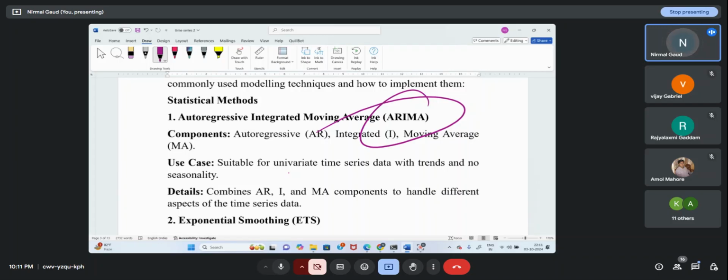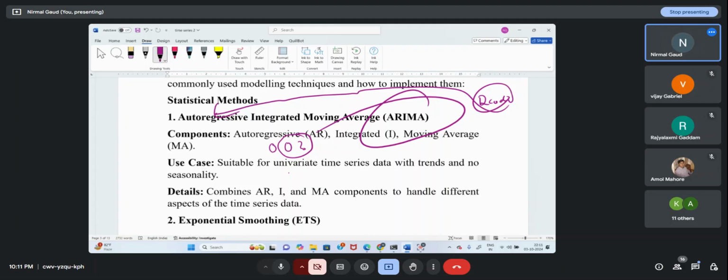Auto-regressive integrated moving average. Auto-regressive, I just told you. That means if this is today, what will be tomorrow? I also taught this in the transformer architecture. There is one component, the decoder, that is auto-regressive.